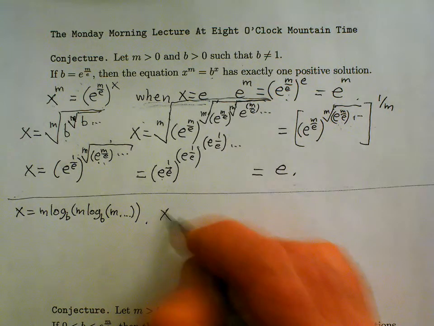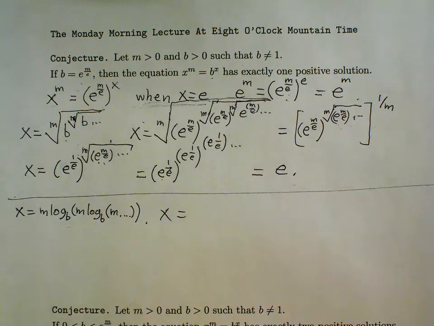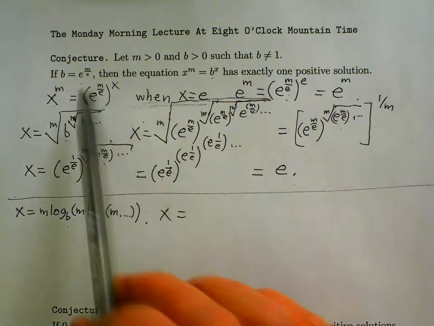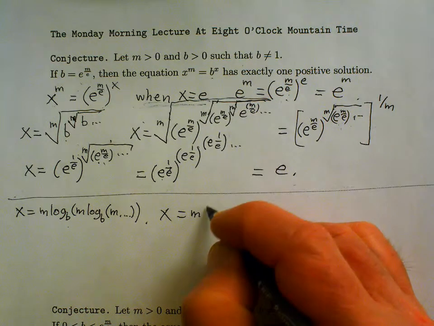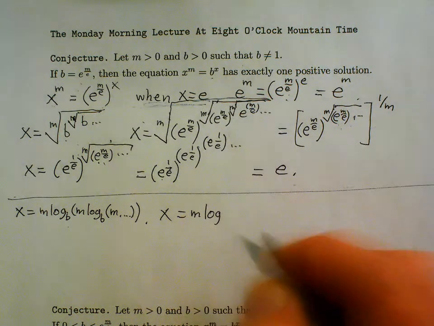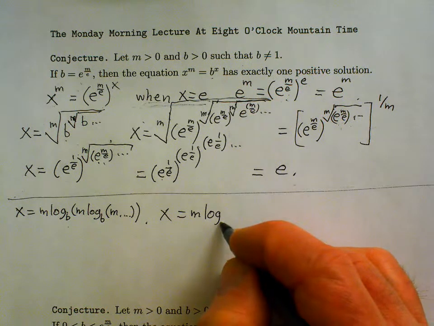But this time we replace b with the base number e to the m over e. So we have m times log base e to the m over e.